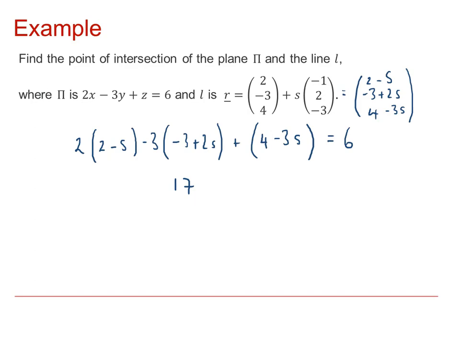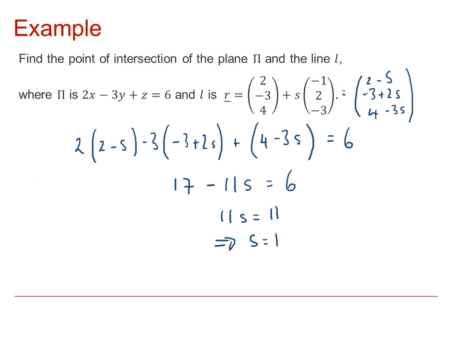And then the s component, there's minus 2 from the first bracket, minus 6 from the second bracket, and minus 3, so in total minus 11s, and that must be equal to 6. Rearranging that gives 11s is equal to 11, so therefore s is equal to 1.